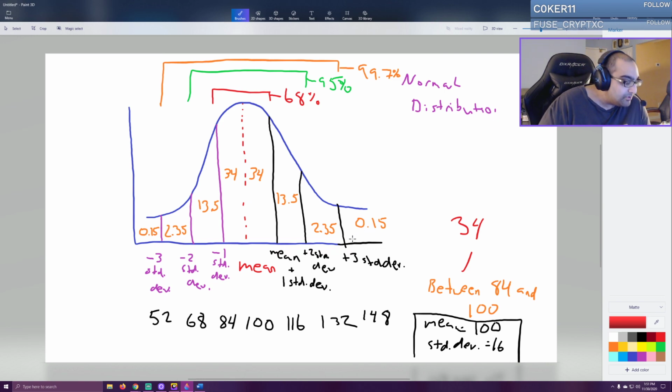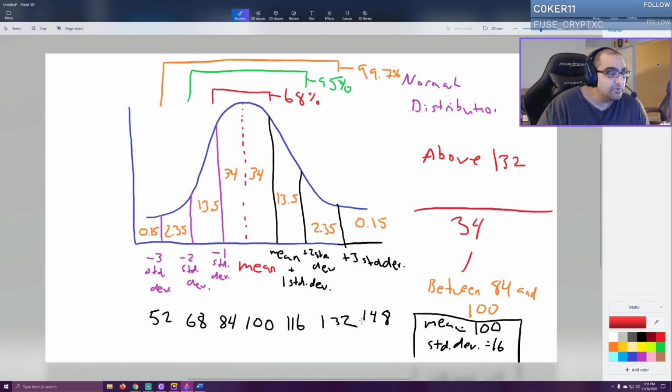Let's take a look at another. How about above 132? So we want to find the percentage of data items that are above 132. What we see here is that 132 is right here.